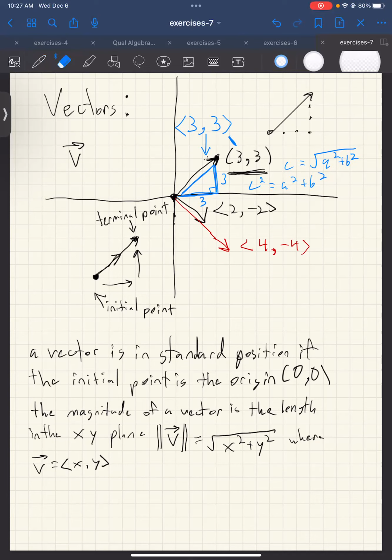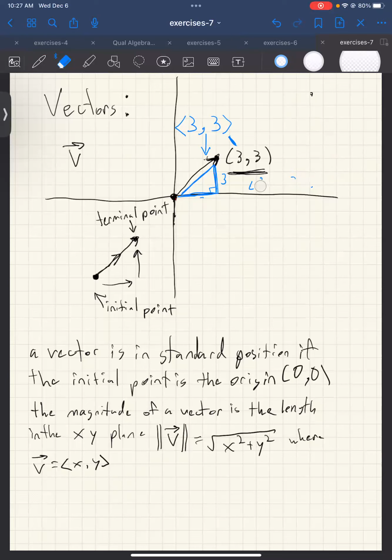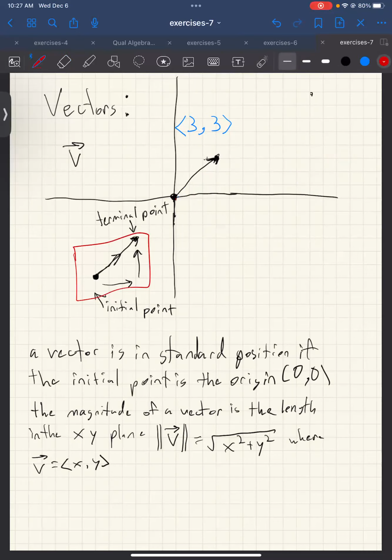Let me try and clean this up just a little bit here. If we have our vector here, 3, 3, and I want to find the angle that this vector is facing, I'm going to draw it in standard position. So if we were looking at this vector, let's move it here to be in standard position.